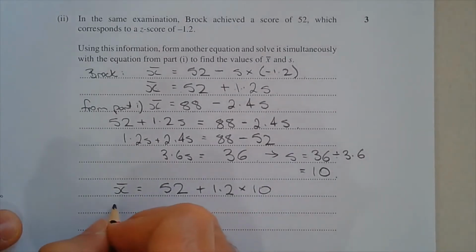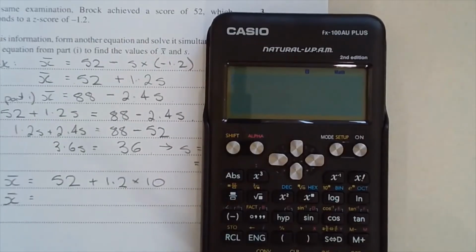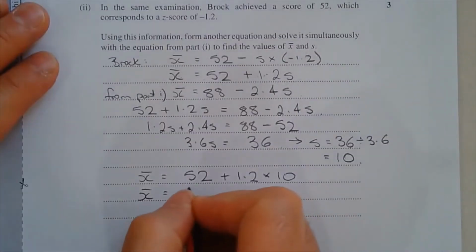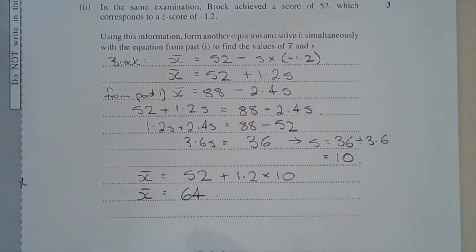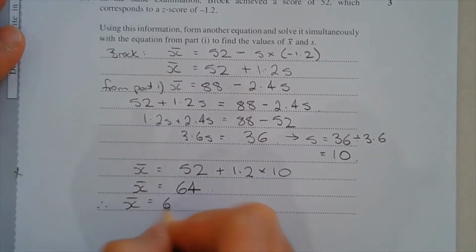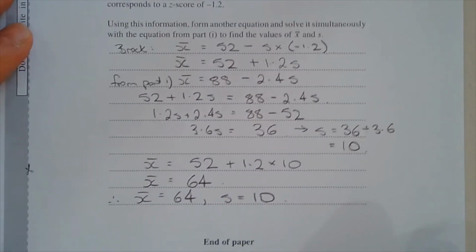So evaluating that, 52 plus 1.2 multiplied by 10 is equal to 64. Okay, so therefore X bar is equal to 64, and the standard deviation is equal to 10.